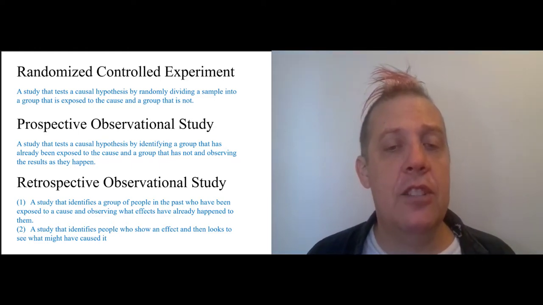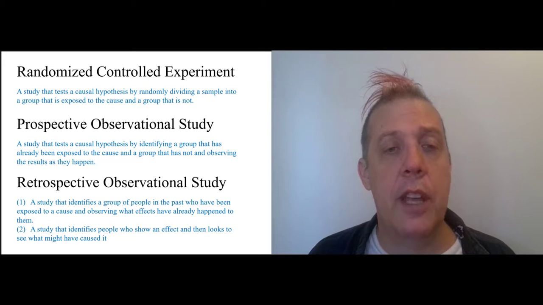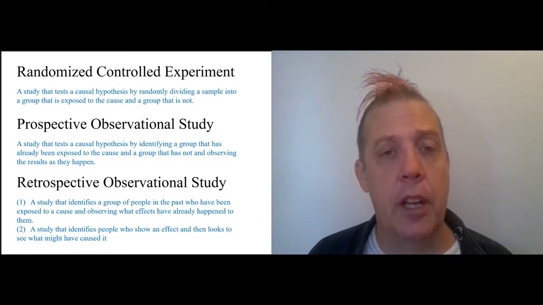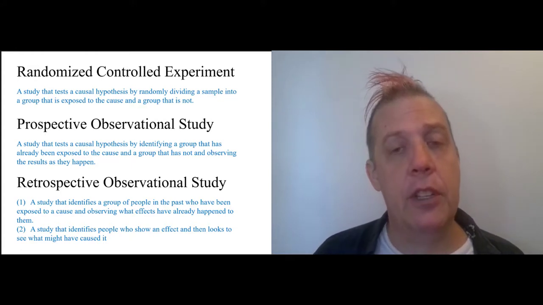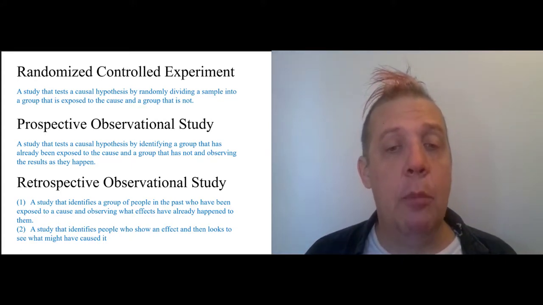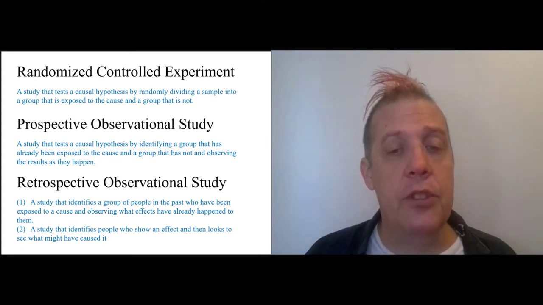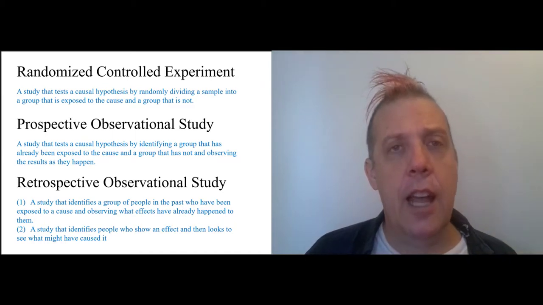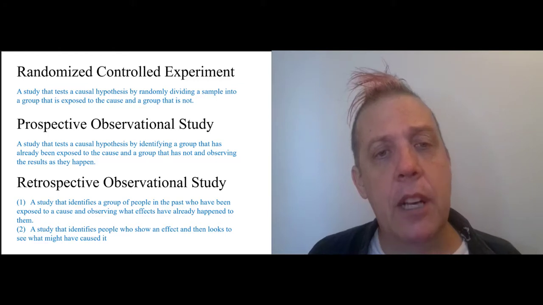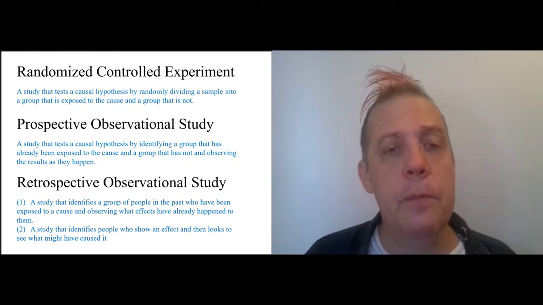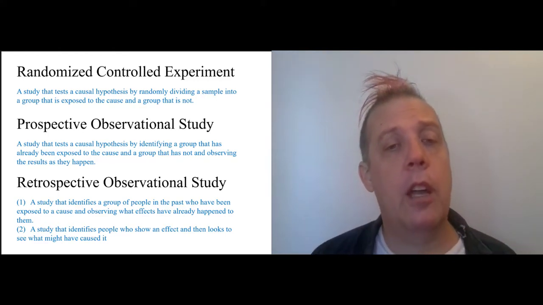So the Tuskegee syphilis study was a prospective observational study because they were looking at people who already had syphilis. And again, it violated basic rules of consent and ethics because people didn't know what was happening and because there was not clinical equipoise.